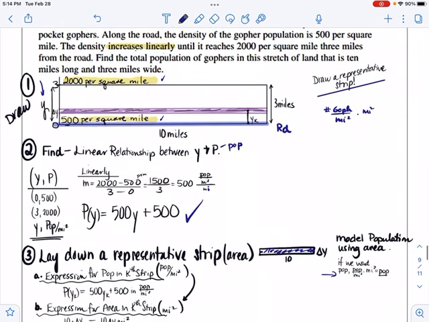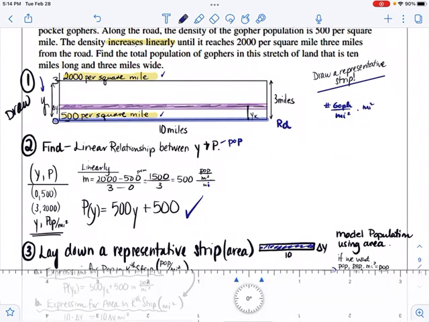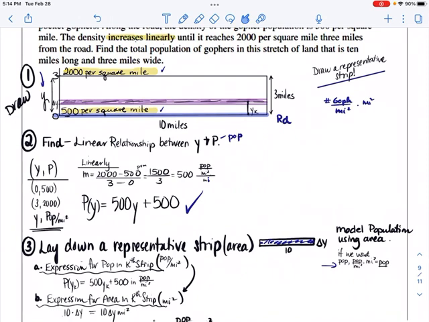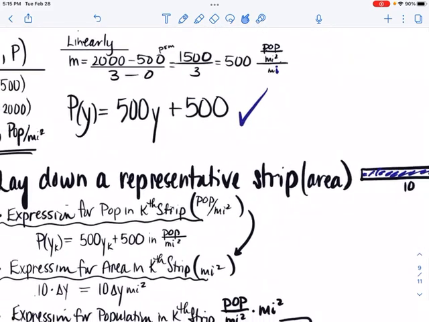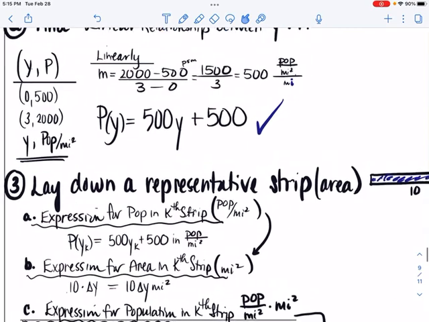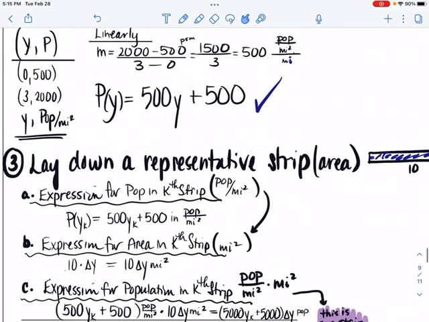Then we need a population for the area. So we have the linear equation for the population per square mile, and then we need an expression for the area, which would simply be 10 miles long times delta y miles, in square miles. Then next, we need an expression for the population in the kth strip.